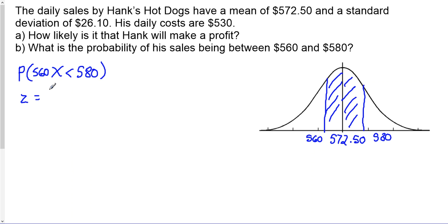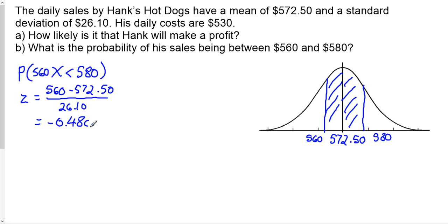So we're going to do 560 minus our mean, 572.50, divided by our standard deviation, 26.10. That's going to give us a z-score of negative 0.48.